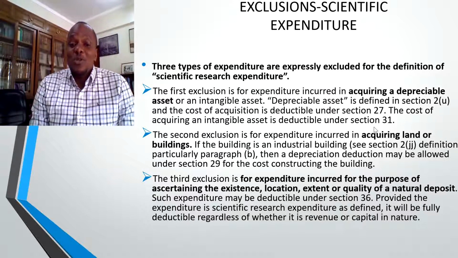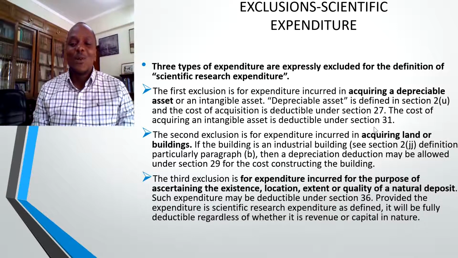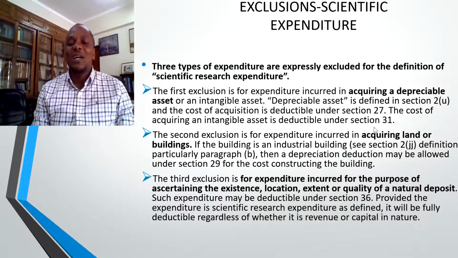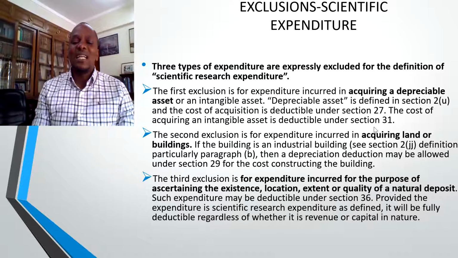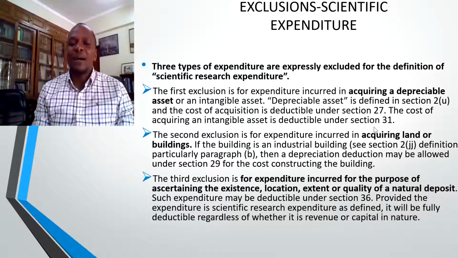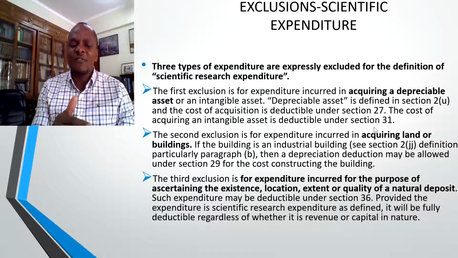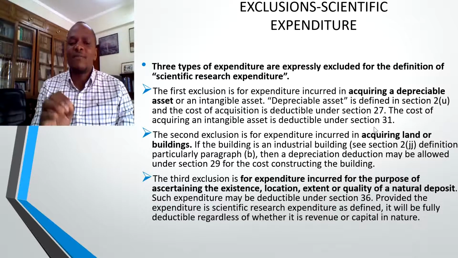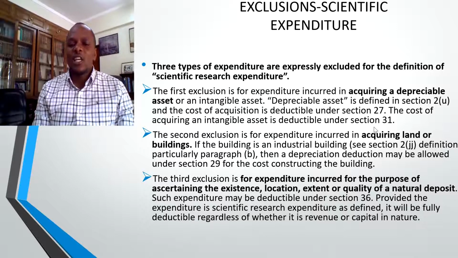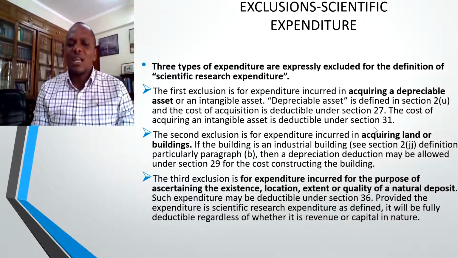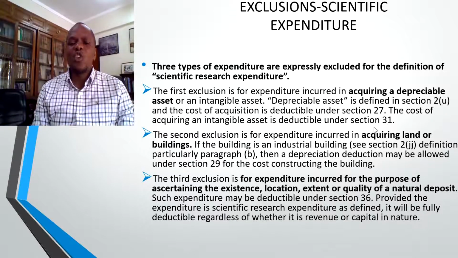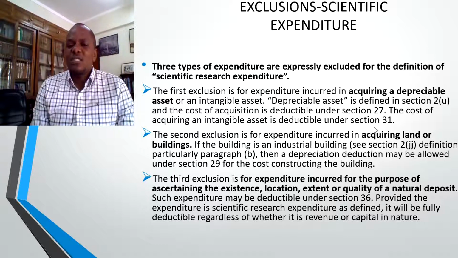Probably you may want to use that land or building to undertake your scientific expenditure. But as you know, land and buildings and other things have other sections that govern their taxation. Then a depreciation deduction may be allowed under section 29 for the cost of constructing a given building.